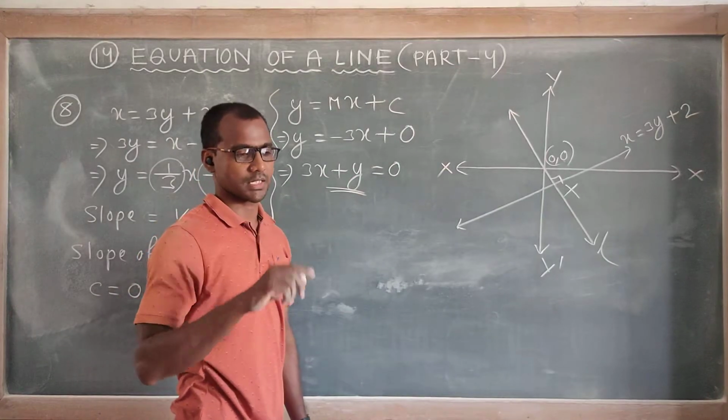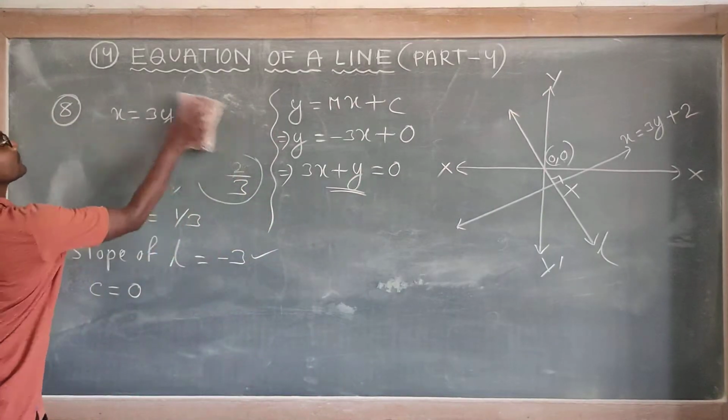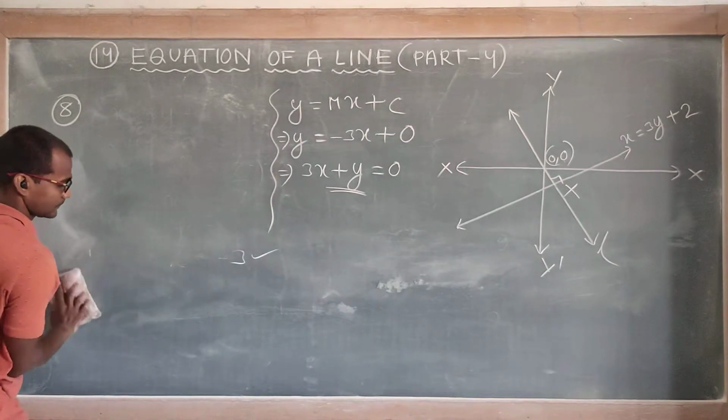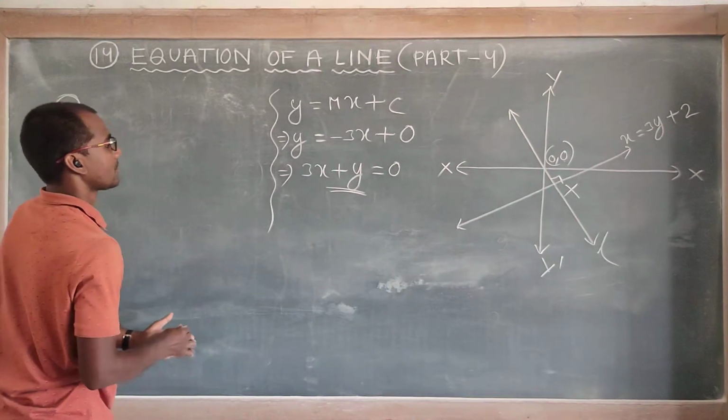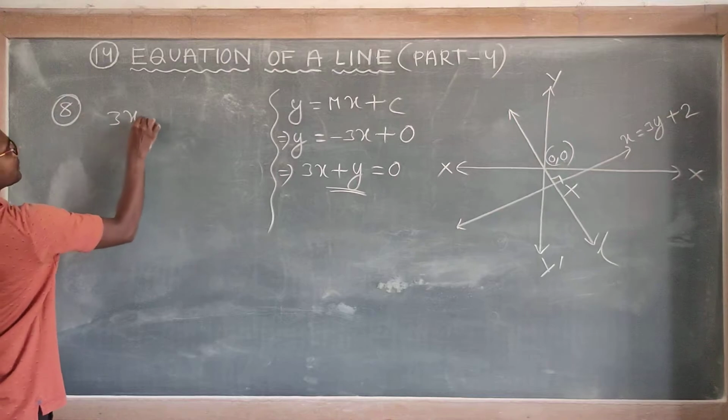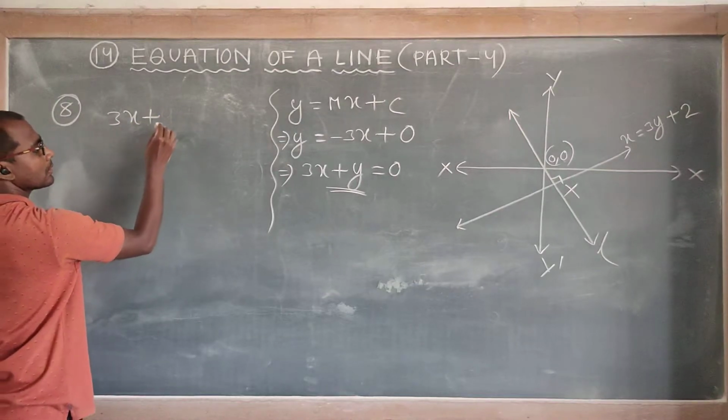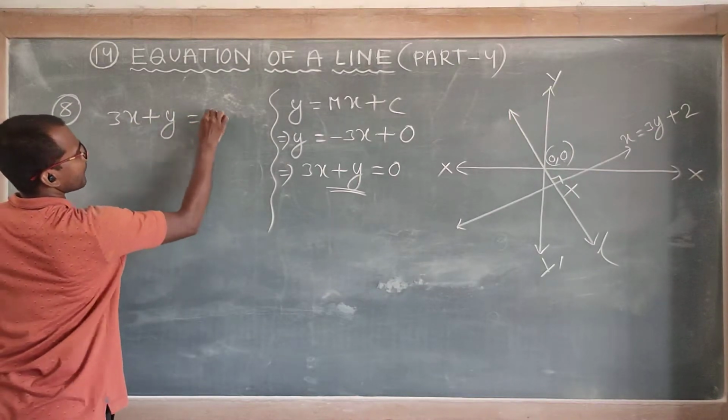Simultaneous linear equations. The first one is 3x + y = 0.